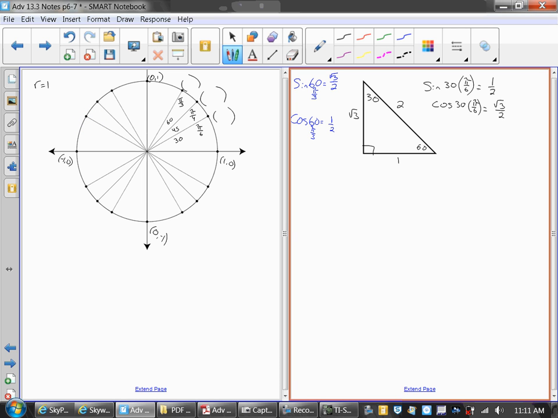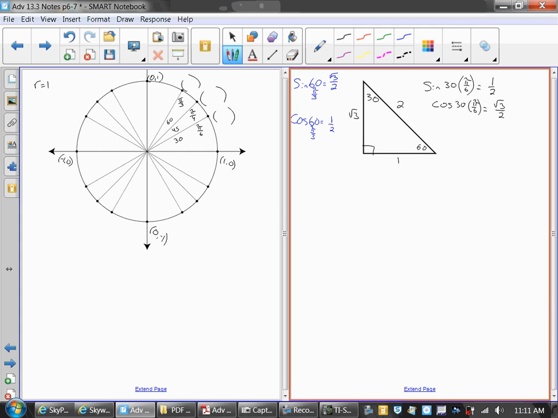As you backtrack into the unit circle, you should be able to find out some interesting things. Which means that we're going to be able to find our sine and cosine values, our x and y values, throughout the entire unit circle. Remember, the x-coordinate is the cosine, the y-coordinate is the sine.